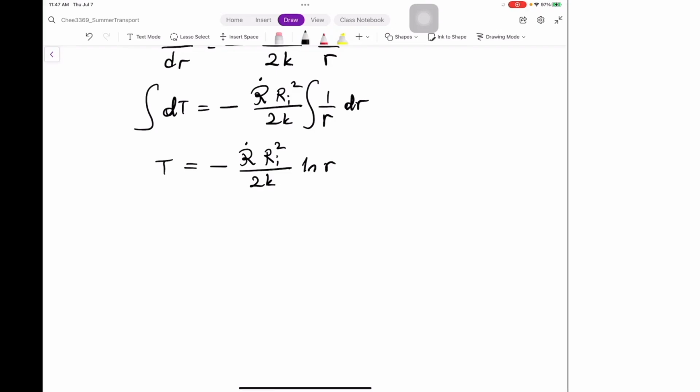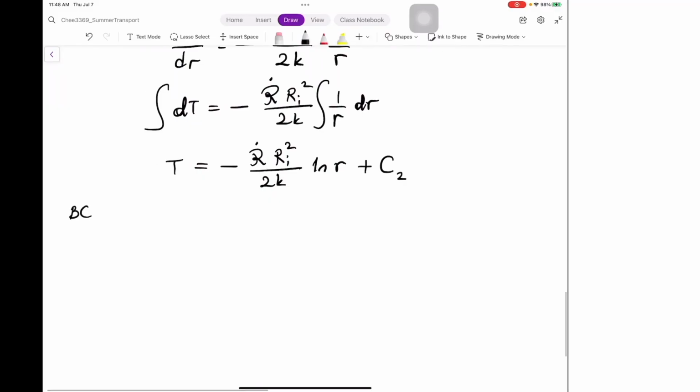Plus C, or let's call it C2. And the boundary condition we need here, at r is equal to r out, right?